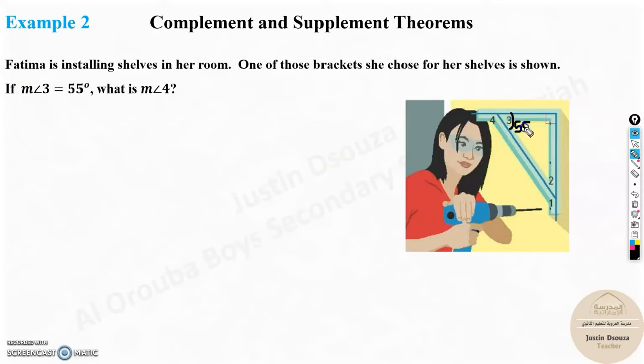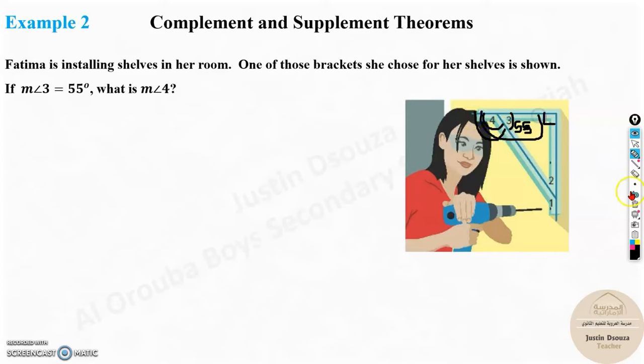And what is the measure of angle 4? That is unknown. Over here they have given this angle 90 and all that, but that is not required. What is required is only finding this angle, the measure of angle 4.